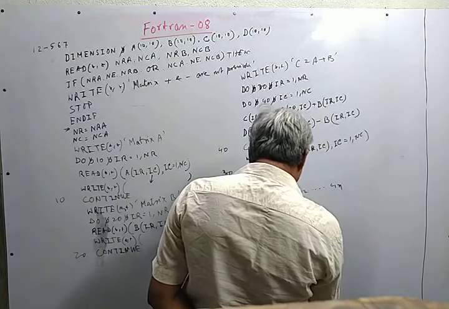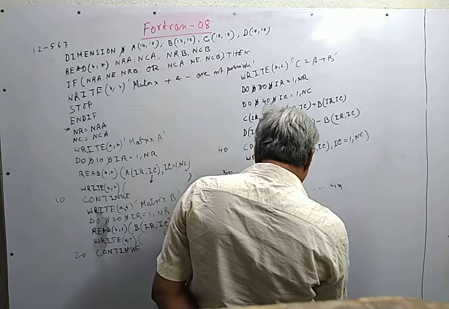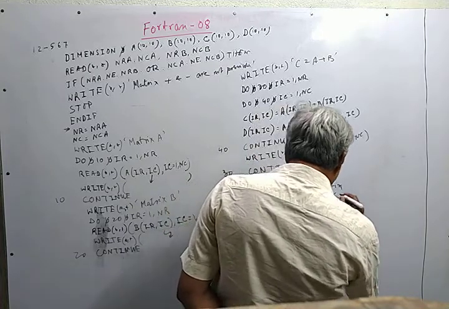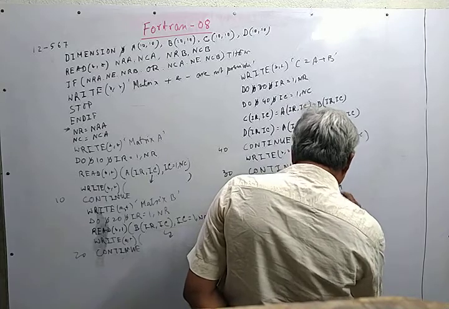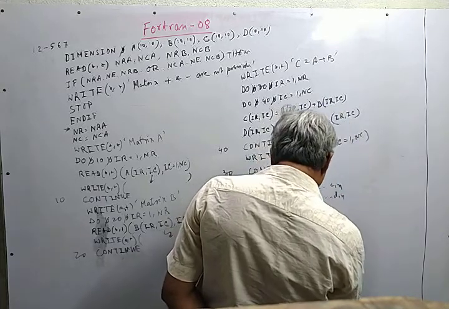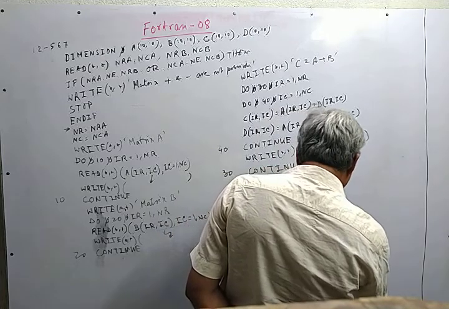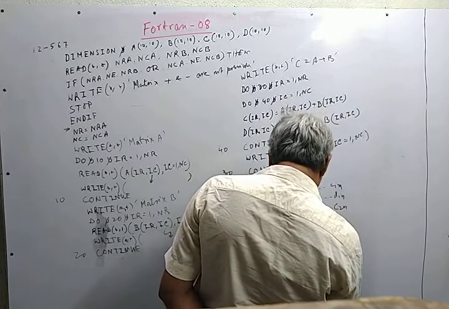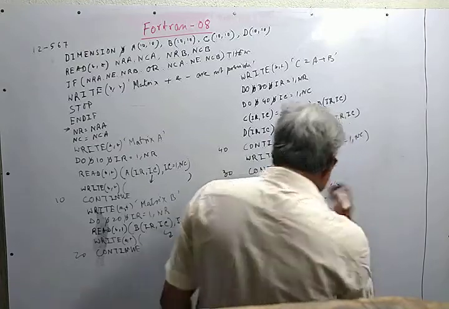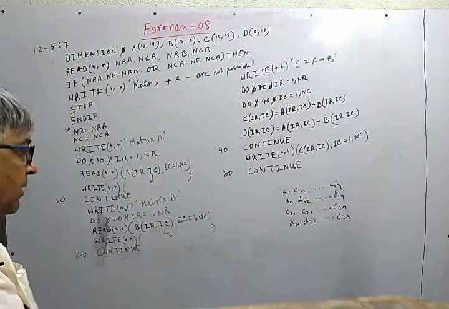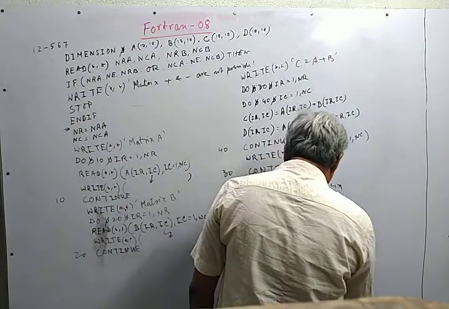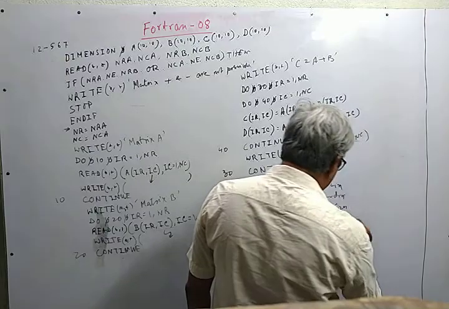The second line will be of D, D11, D12 up to D1n, then C21, C22, C2n, then D21, D22, D2n. The output result will be mixed up. We have avoided writing in this fashion, so we have not written D right here.